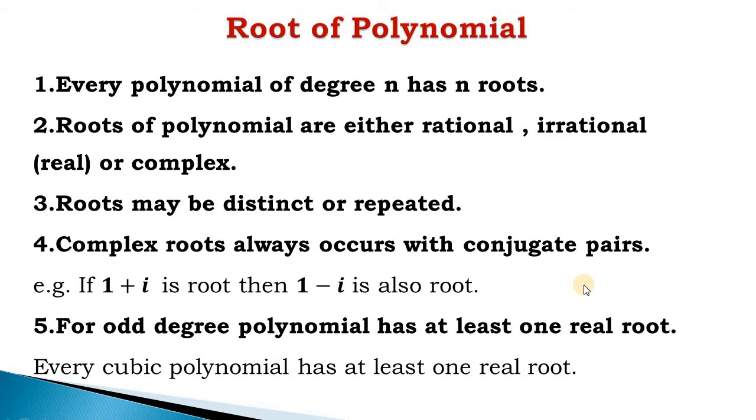Complex roots always occur with their conjugate pair, and therefore this corresponds to degree greater than 1, that is, 2 or more. And if we have an odd degree polynomial, it always has at least one real root, because complex roots always occur in conjugate pairs, so their count is a multiple of 2.